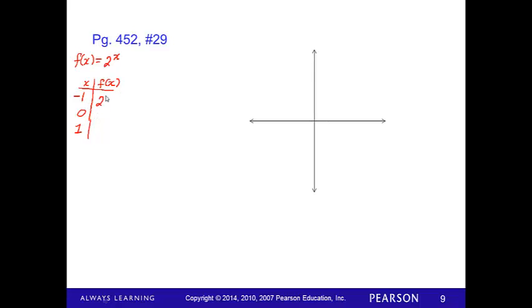So that's 2 raised to the -1 power, which is just a half. This is 2 raised to the 0 power, which is 1. And this is 2 raised to the first power, which is 2. So we have the points -1, a half, 0, 1, and 1, 2.